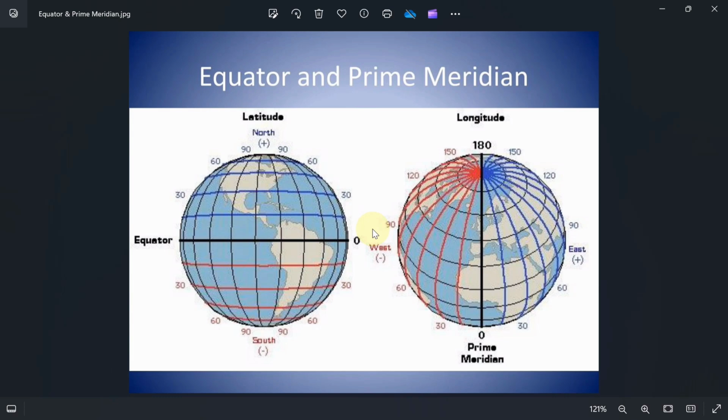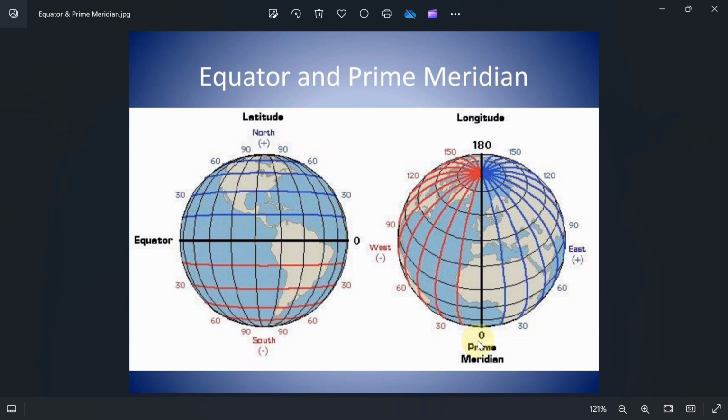Remember this point. From here only you can see I have written here. Here you can see the prime meridian. First try to understand what the prime meridian is. It is the line of longitude designated as 0 degree from which all other lines of longitude are measured.